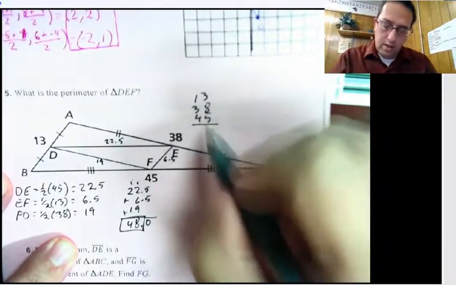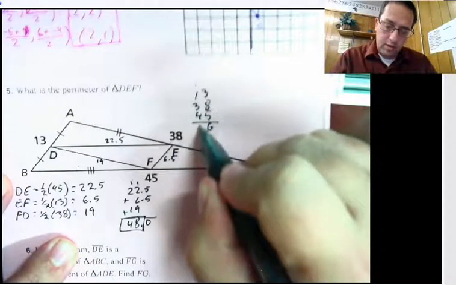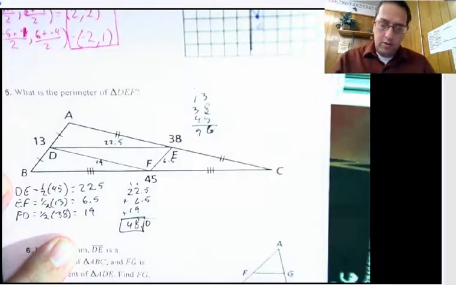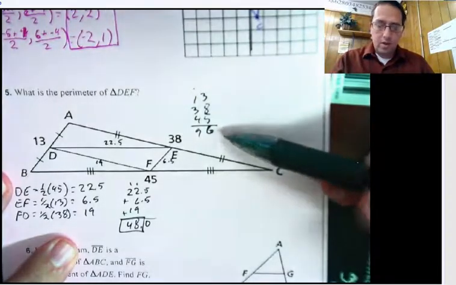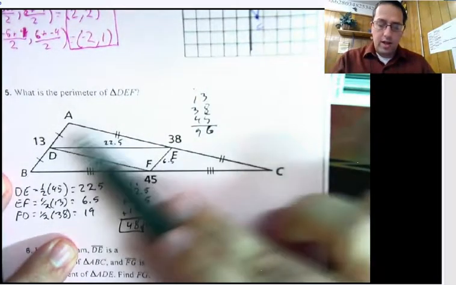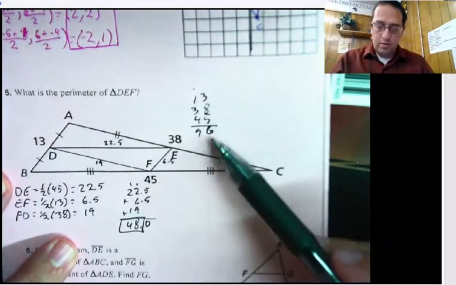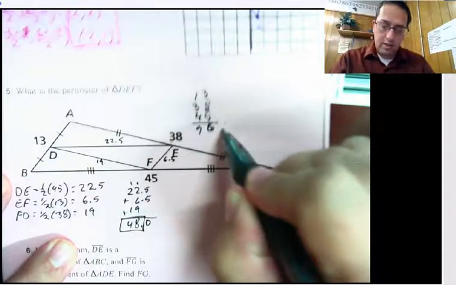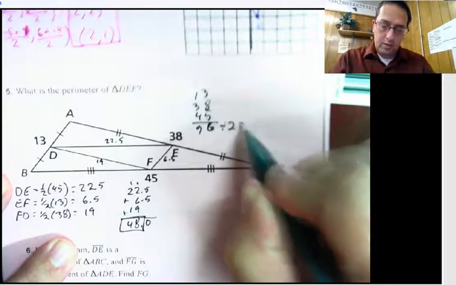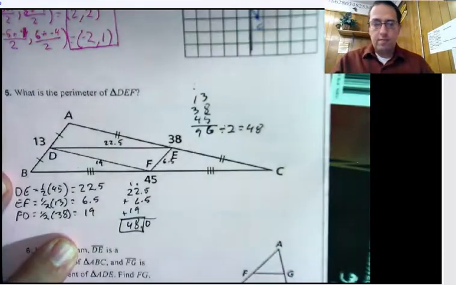All right, so 8 and 8 is 16, carry that, and that's 2, and 5, 9. The original triangle has a perimeter of 96. All of these segments are half the length of the sides of the original triangle. So all we really have to do is take that 96, divide by 2, and we get 48.